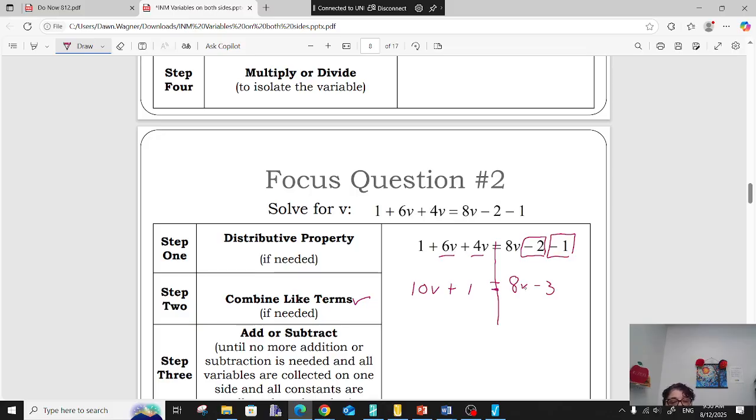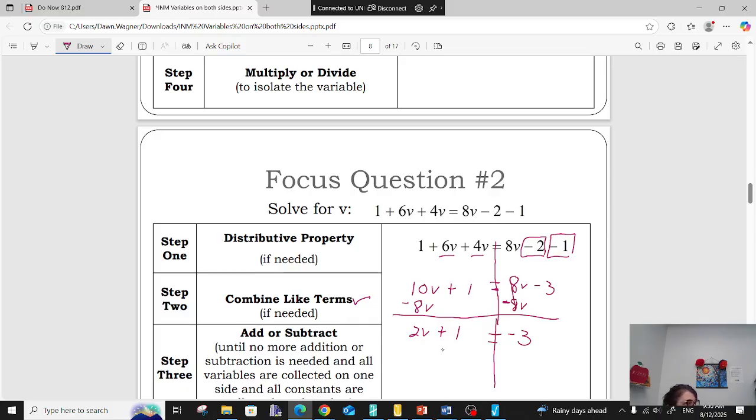It's positive. I'm crossing over the equal sign. So now I do inverse. Now I subtract. And then I get 2v plus 1 equals negative 3, because this is 0.